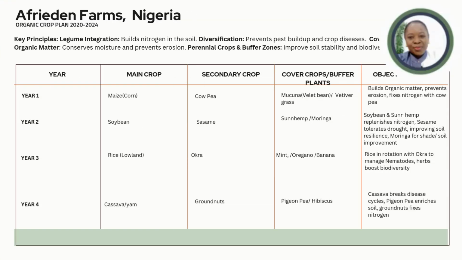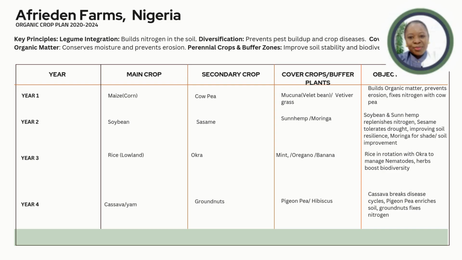Here's an organic crop plan for 4 years for Afro-Eden farms, from 2020 to 2024. The key principles of this crop plan are, first, legume integration to build nitrogen in the soil.